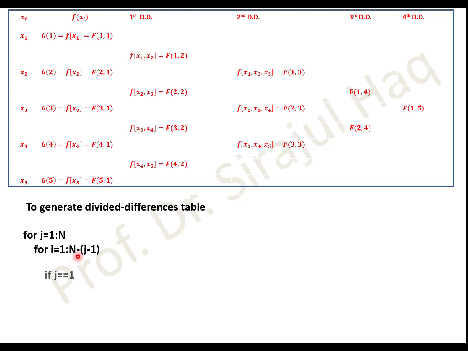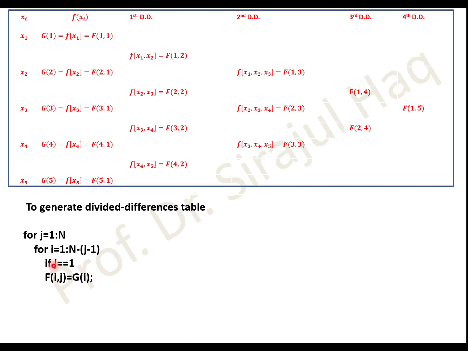Let's generate the entries. If you look at this column, these entries are the same as the values of the function at xi. So that's the reason I am putting a restriction if the value of j is equal to 1. Double equality, remember, is used for equality in MATLAB.